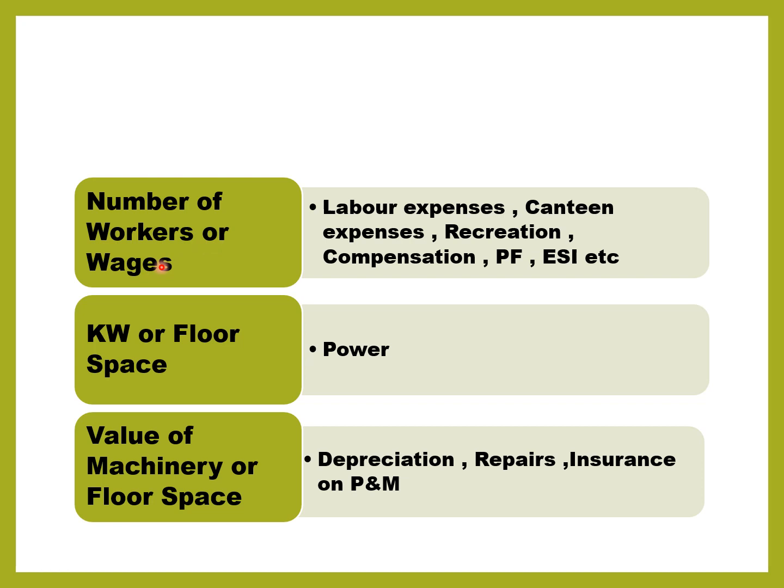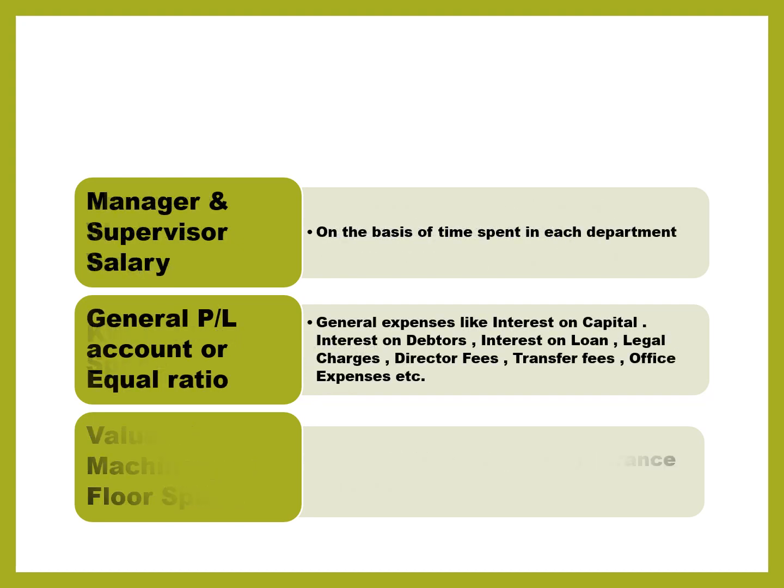Wages are paid to workers. Therefore, all workers' expenses are to be distributed on the basis of number of workers or on the basis of wages. So this is already repeated, students, in the slide and been explained.